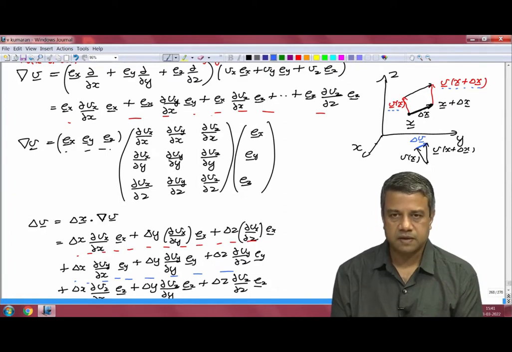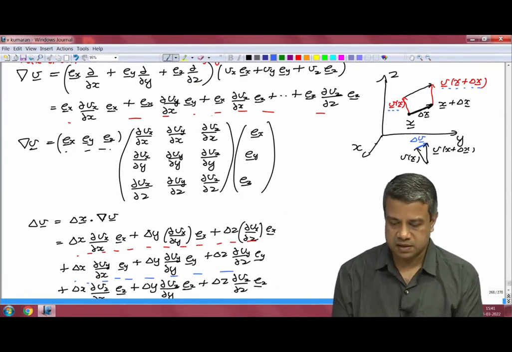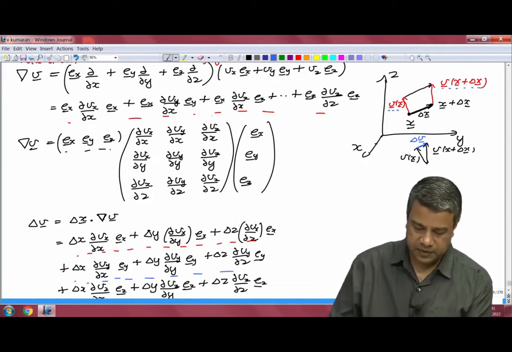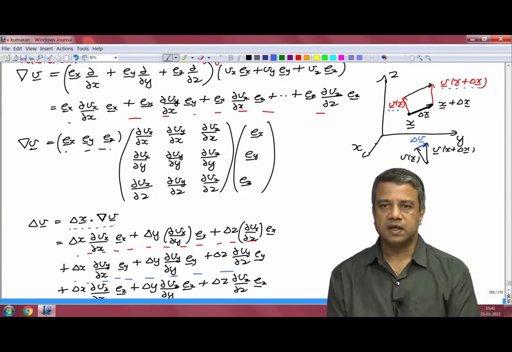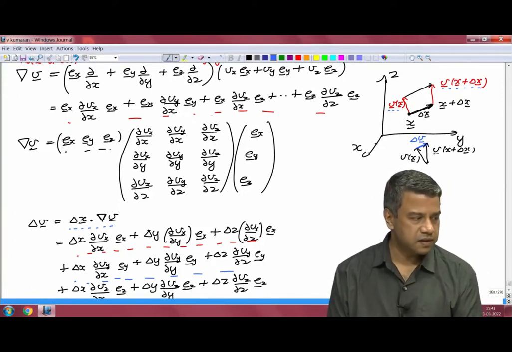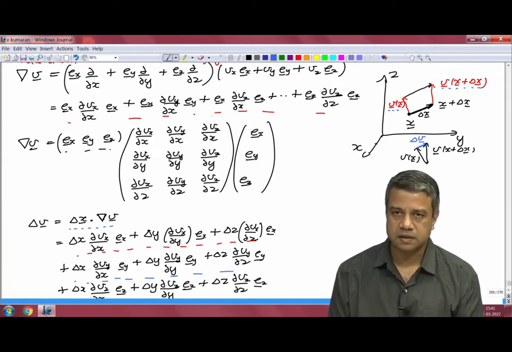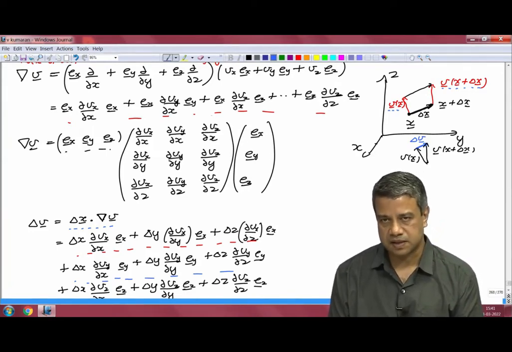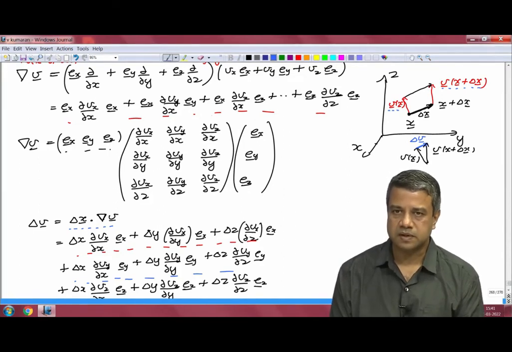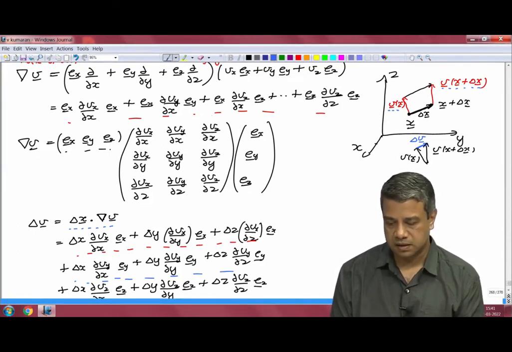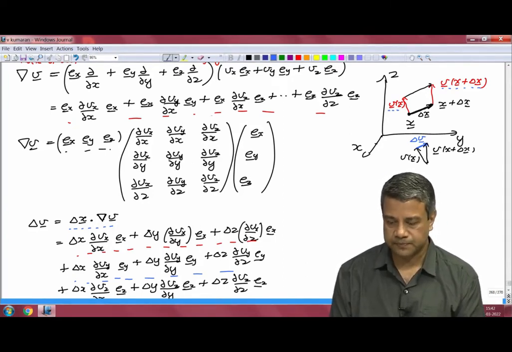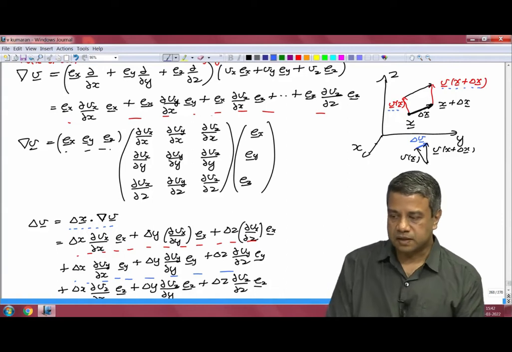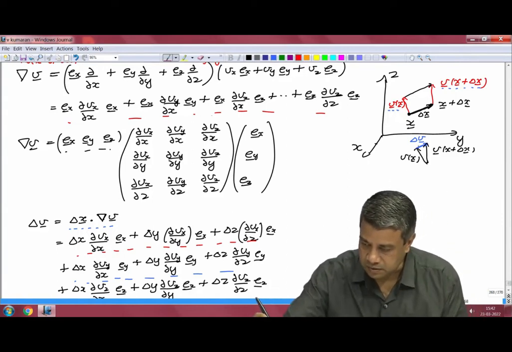That difference delta v is delta x dotted with grad v, just as in our definition of the gradient the change in concentration was delta x dotted with grad c, the change in temperature was delta x dotted with grad T. In a similar manner, the change in velocity is delta x dotted with grad v, the difference here being that velocity is a vector. So, you have to take the vector difference between the velocity at two nearby locations.